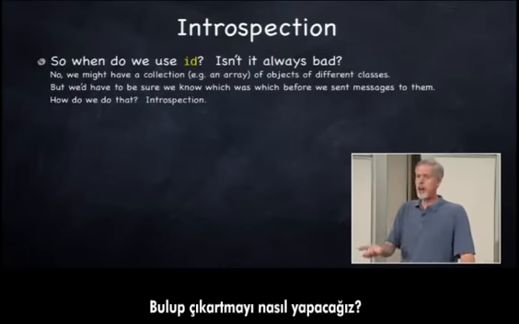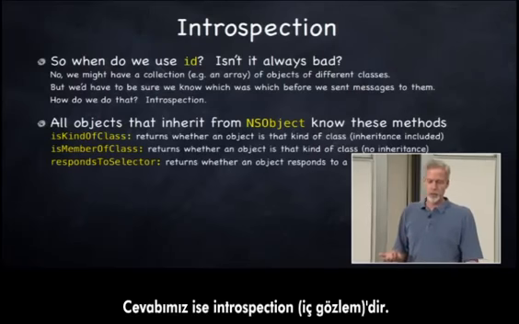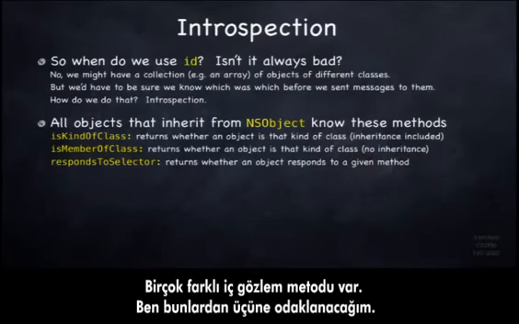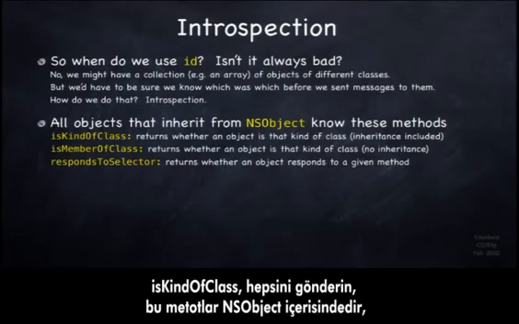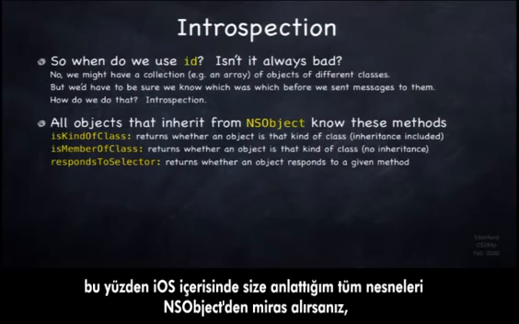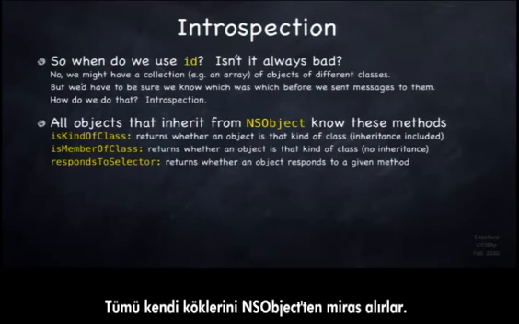So how do we find out? The answer is to use introspection. There's a lot of different introspection methods. I'm going to focus on these three: isKindOfClass, isMemberOfClass, and respondsToSelector. These are methods in NSObject. So if you inherit from NSObject, which I told you all the objects we do in iOS do, they all inherit from NSObject at their root.